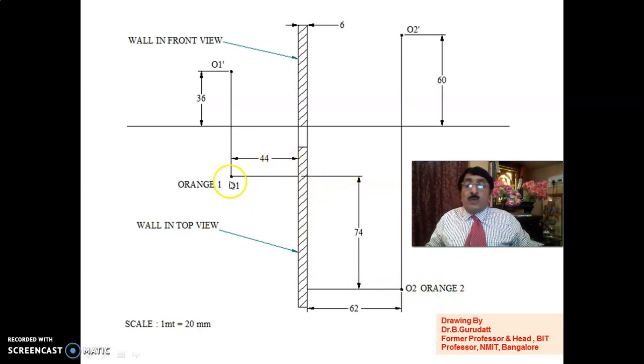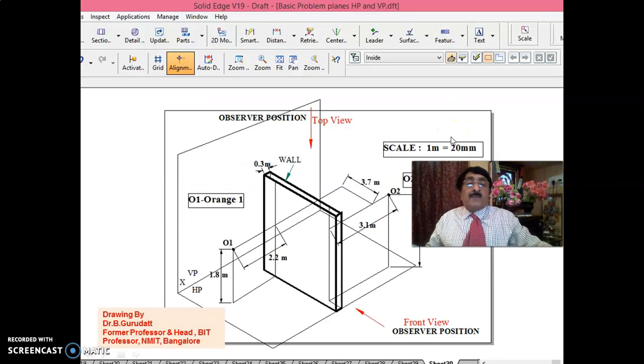That means after drawing O1 and O1 dash, okay, you have anyway drawn the wall and all that, draw O1, O1 dash, then leave 74 only, then only you draw O2 at 62, then take the projectors up and take O2 dash at 60 mm. That means at 3 meters above, you have the second orange O2. Okay.